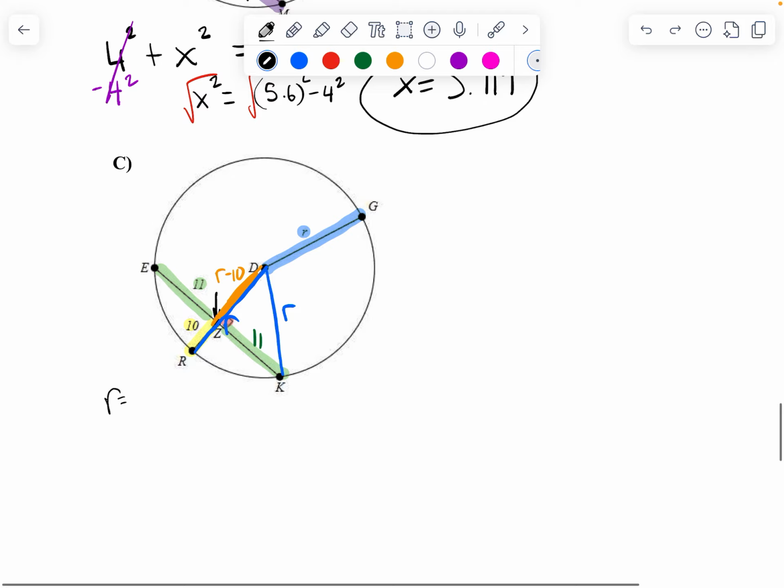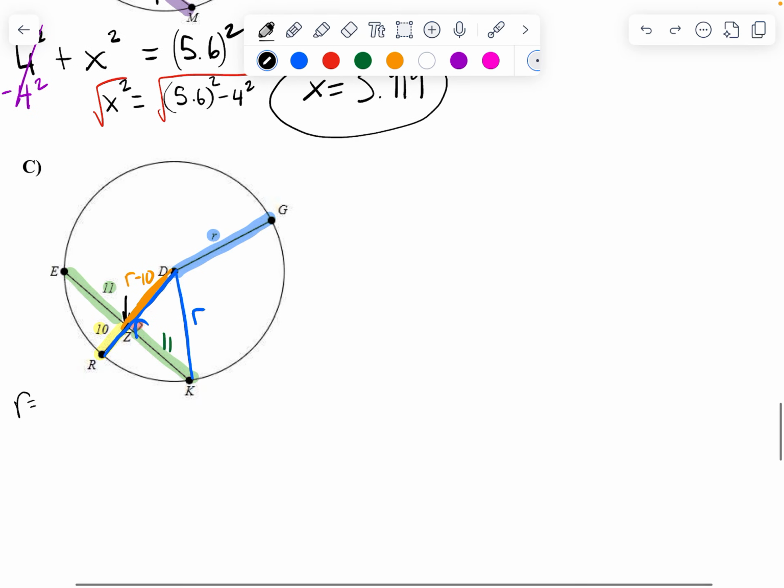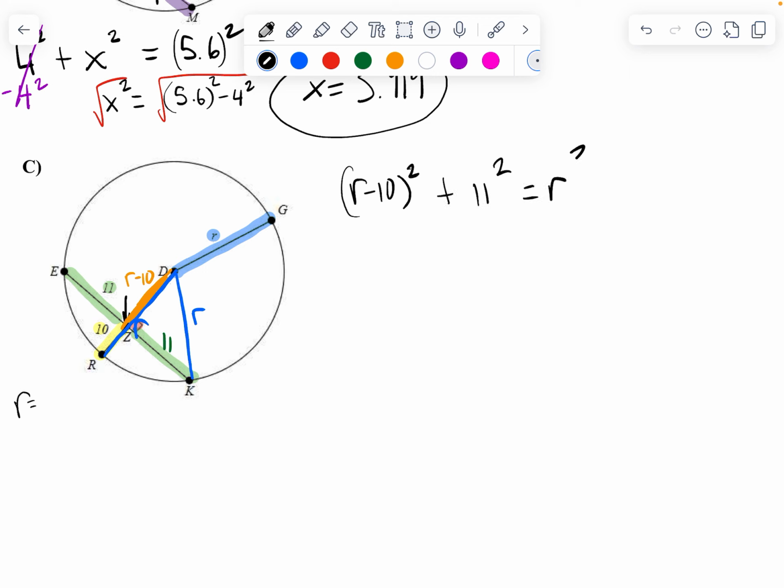Yeah. And that's totally fine to set this up in the Pythagorean theorem, because when we do, so leg squared plus other leg squared equals hypotenuse squared, you'll notice there's only one variable, and that's the R. And it's totally fine, the more R's in the equation isn't going to hurt it. If you had a second variable in there, that's going to make it a lot harder to solve.